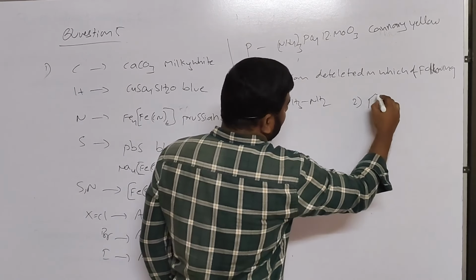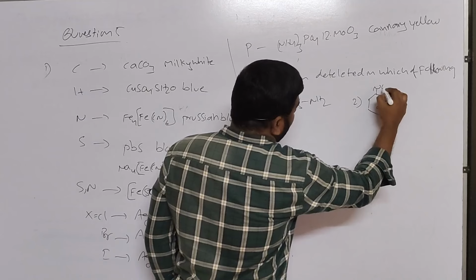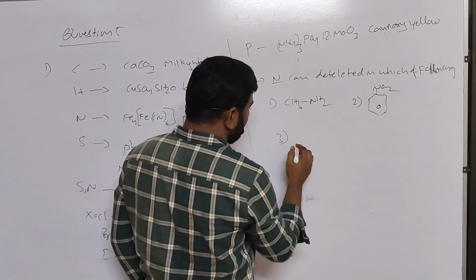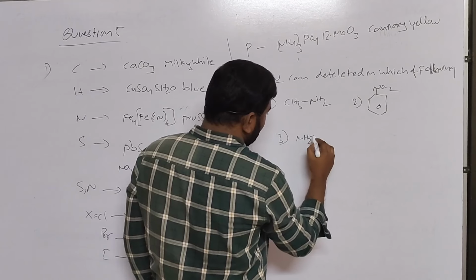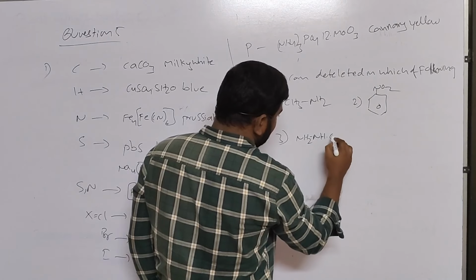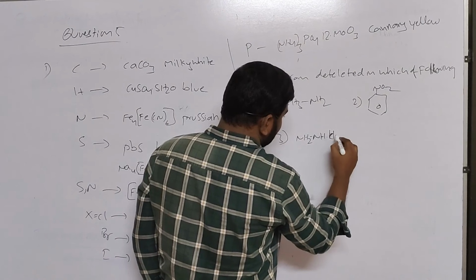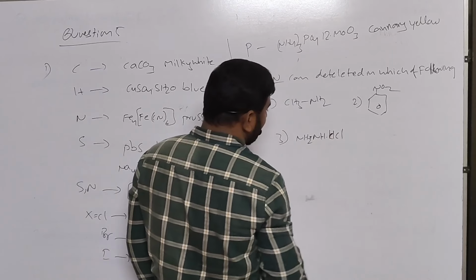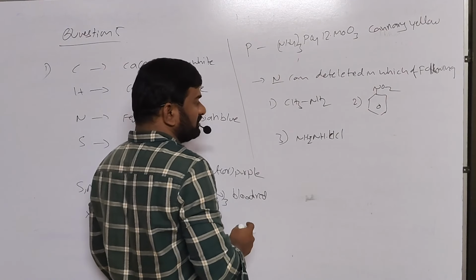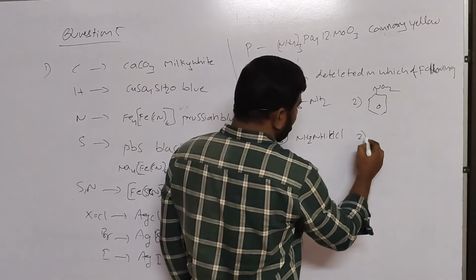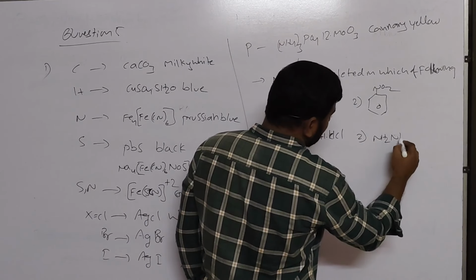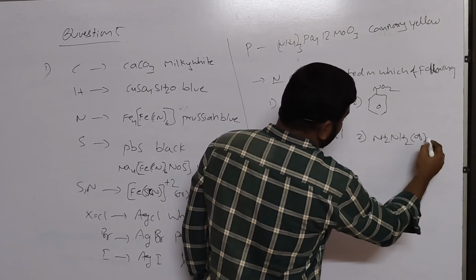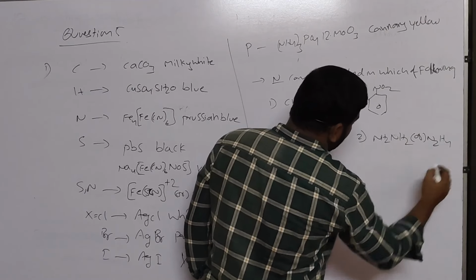Second option, another nitrogen compound. Third option, NH2NHCl, where one hydrogen is replaced by Cl. And the last one, hydrazine, NH2NH2, sometimes also called N2H4.